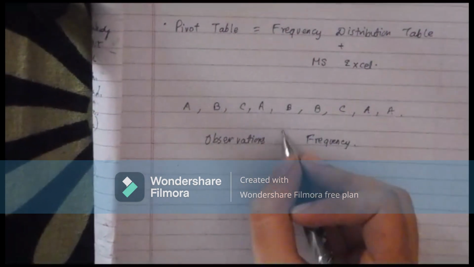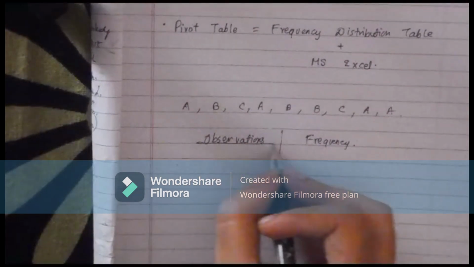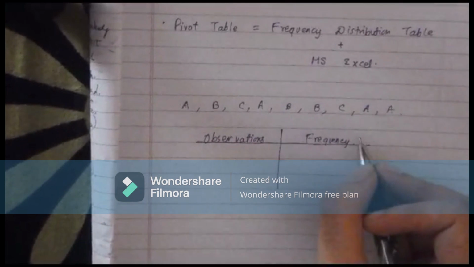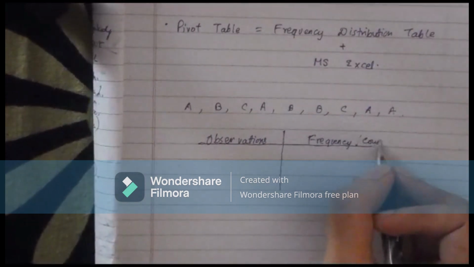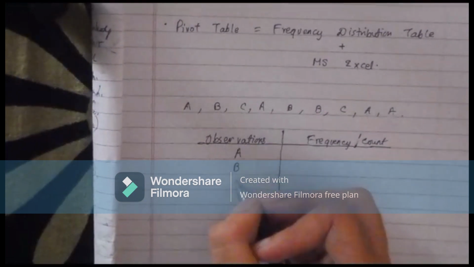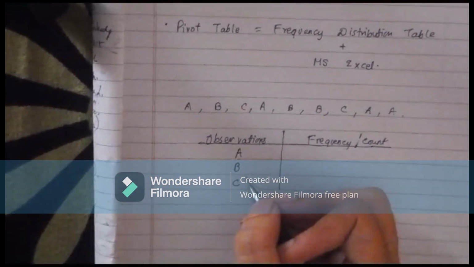And then I find that there are like 3 observations. Frequency I can otherwise call it as count. As for the observations, they are A, B and C.